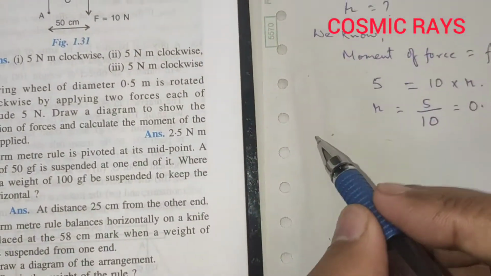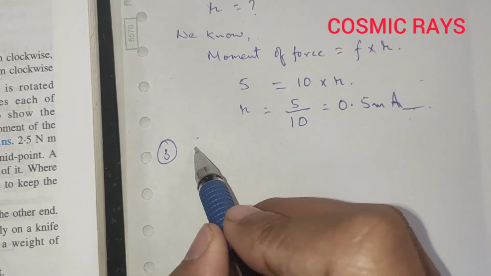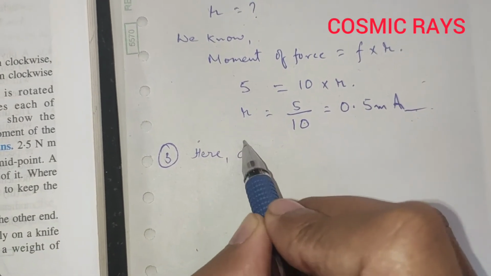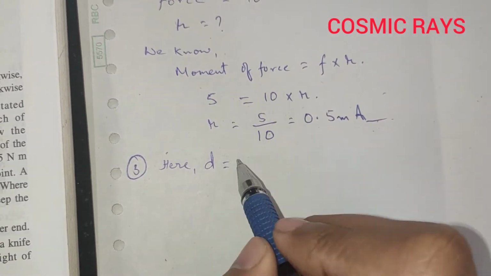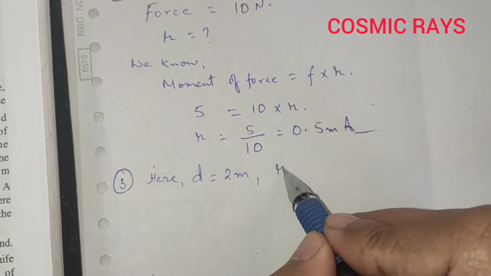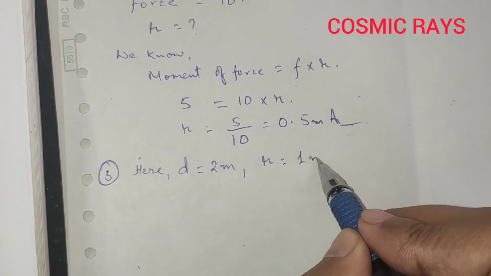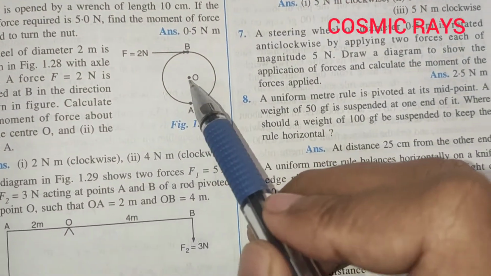So here we write the given things. Here the diameter D they have set in the question to be 2 meter. Then the distance R, radius, will be 1 meter, the radius of this circle.